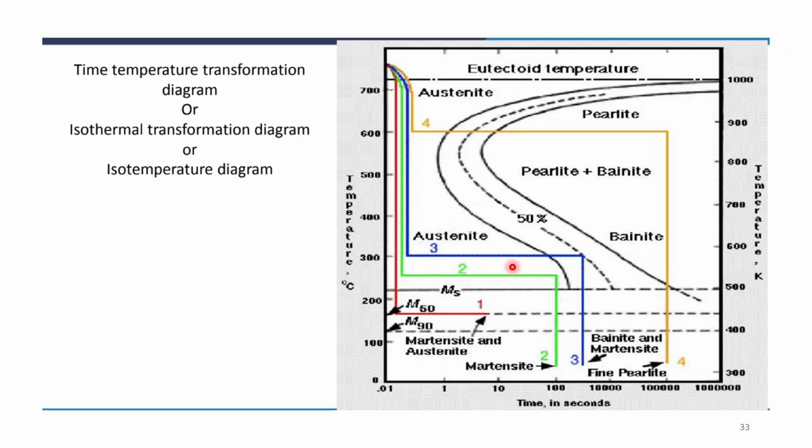Okay, and here in the two green ones, if you follow this path, you will get 100% martensite. And in case one, you are making martensite and metastable austenite. Here you haven't cooled your steel below Mf, that's why you are getting 50% martensite and 50% metastable or retained austenite.